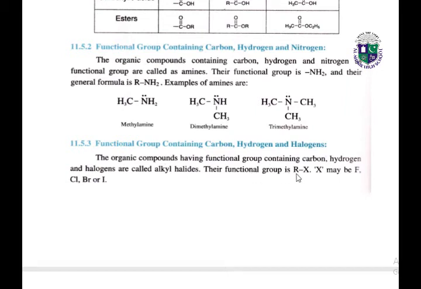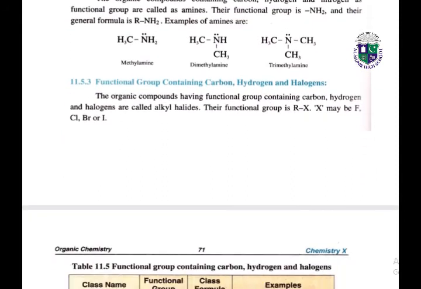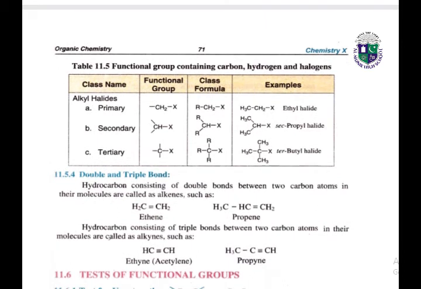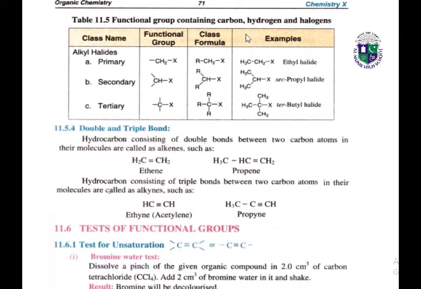So this is called the halogen group of the periodic table. Next we have Table 11.5, which shows the functional groups containing carbon, hydrogen and halogens. Here we have the class names: alkyl halides, which may be primary, secondary and tertiary, and their functional group, class formula and examples.